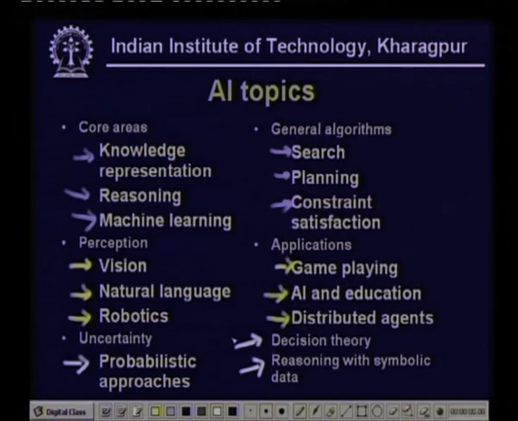These are some of the topics that people study in AI, and in this course also we are going to study some of these topics or most of these topics.